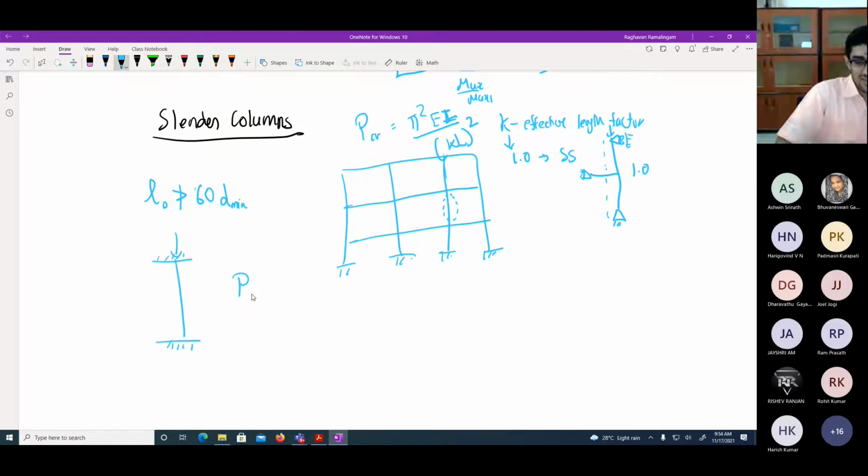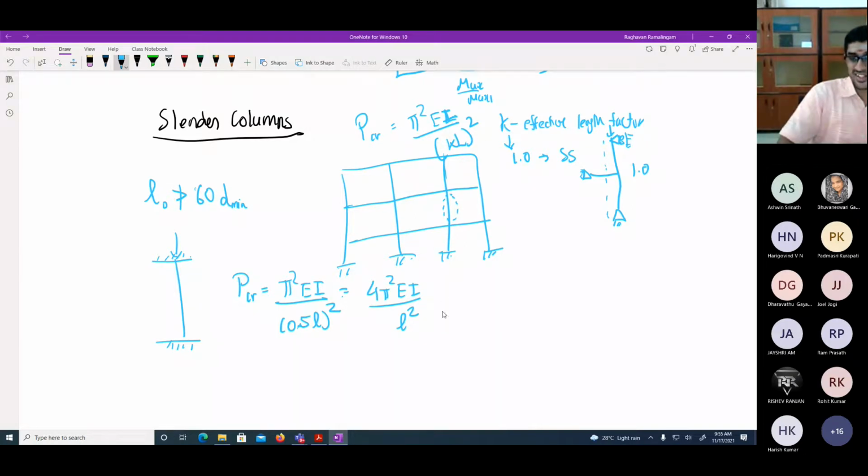the theoretical value is what you use with the Euler formula. So if you have a fixed column, you will use pi square EI by, for k, substituting 0.5, into L square. When you do this, you get 4 pi square EI by L square, as compared to a simply supported column, which has pi square EI by L square.